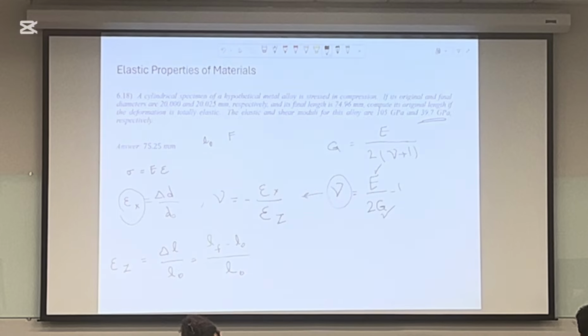If you plug in all the numbers, I'm just going to write it down for you here, you will end up with a Poisson ratio of 0.322.